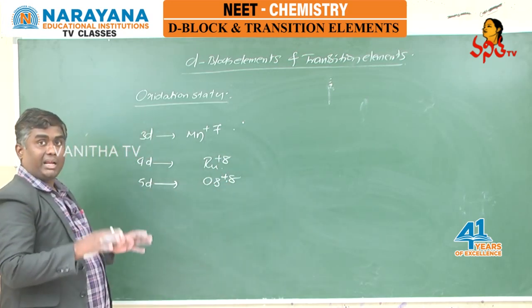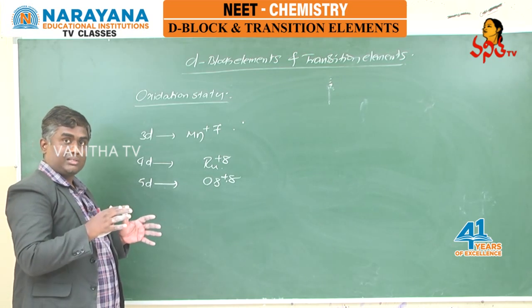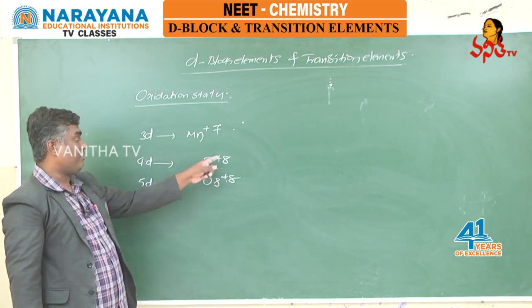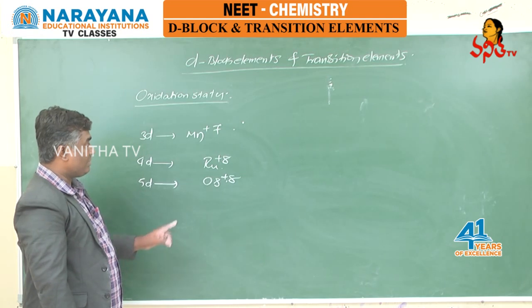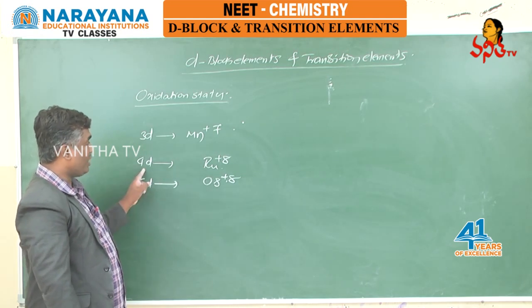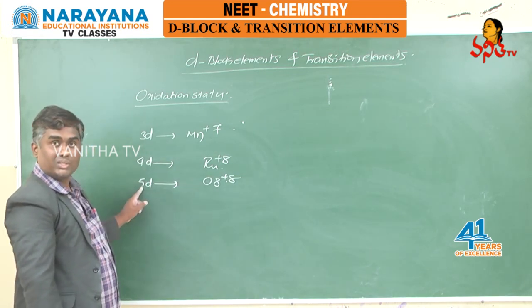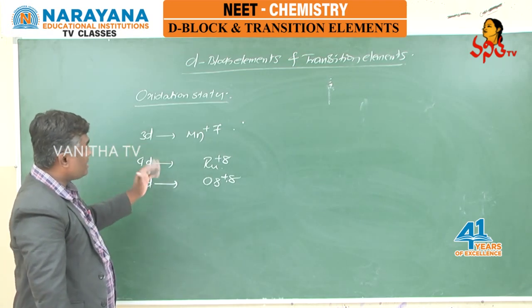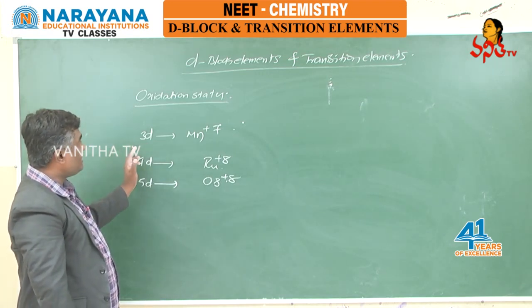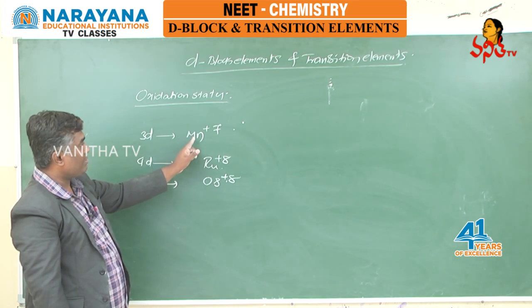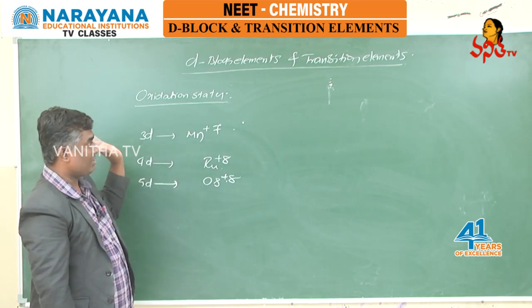In the entire periodic table, the highest oxidation state exhibited by an element is the +8 oxidation state, which is exhibited by ruthenium from 4D and osmium from 5D, students. And these are the highest oxidation states. In the 3D series, if they ask, the highest oxidation state is exhibited by manganese, that is +7.